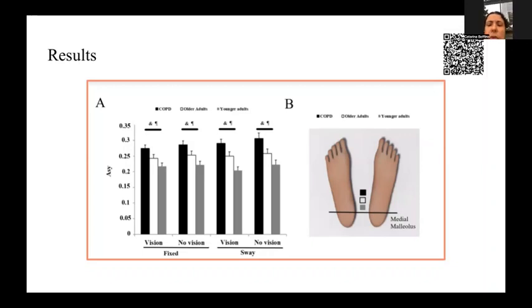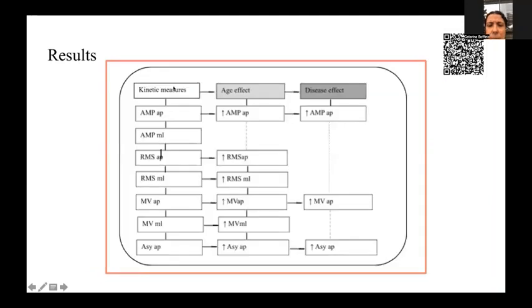And we could see this in our kinetic measures. Please, next slide. Thank you. You can see here that for age influence, the most important differences were in amplitude anterior-posterior, root mean square anterior-posterior and medial-lateral, velocity anterior-posterior and medial-lateral, and ASI, that is load asymmetry.